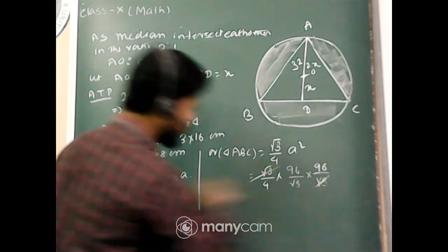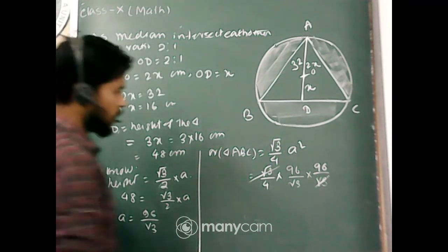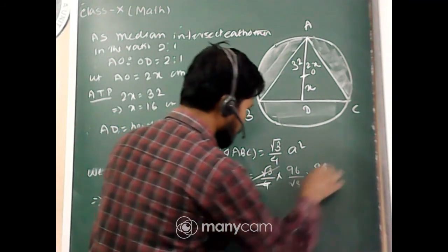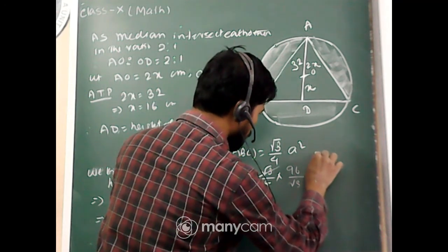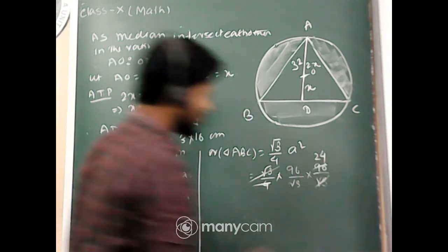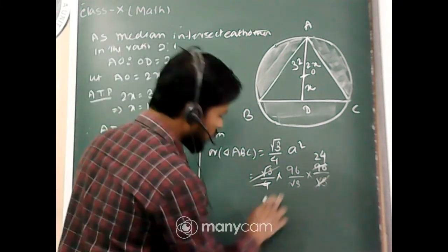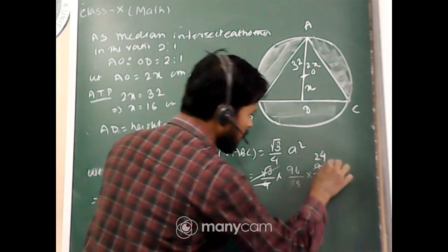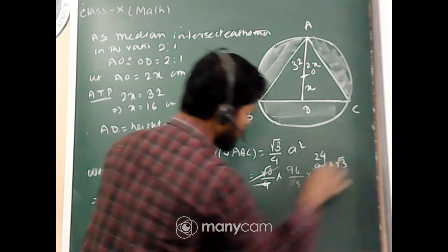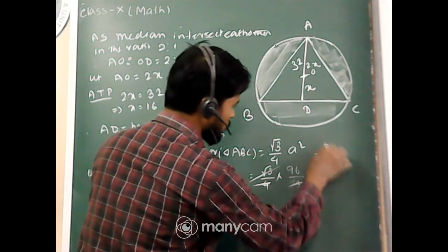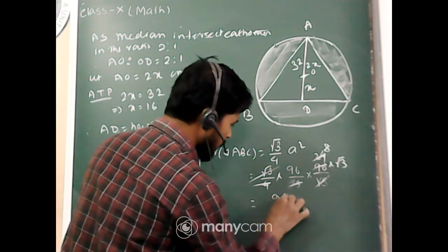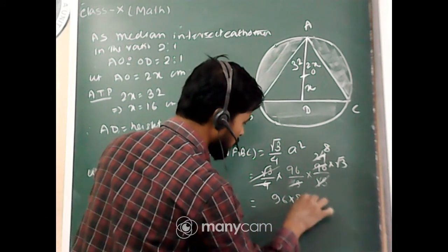One root 3 will cancel, and 4 2s are 8, 4 6s are 16. And now if I want to remove this root 3 from the denominator, we have to multiply it by 3. So that is equal to 96 into 8 into root 3.